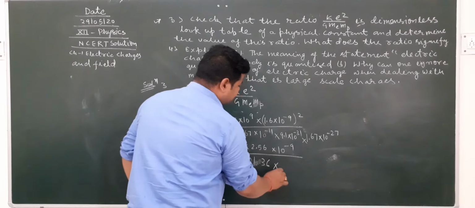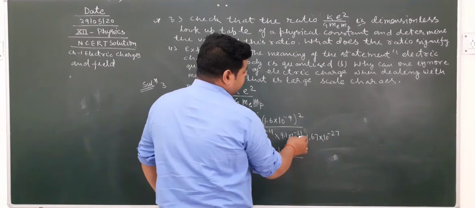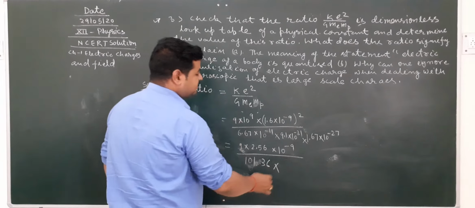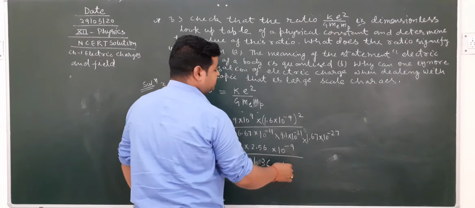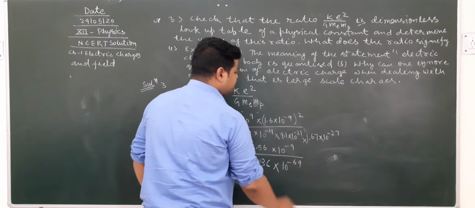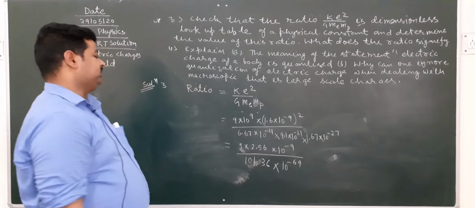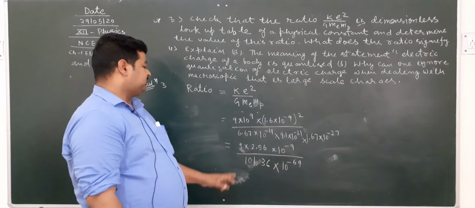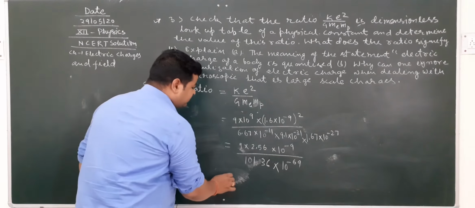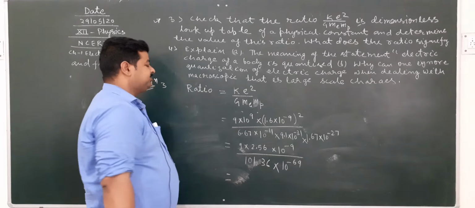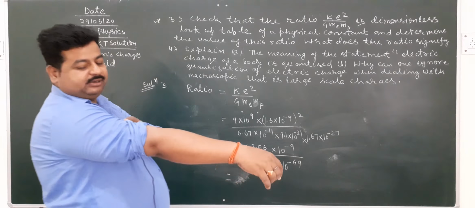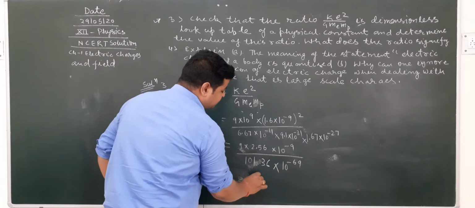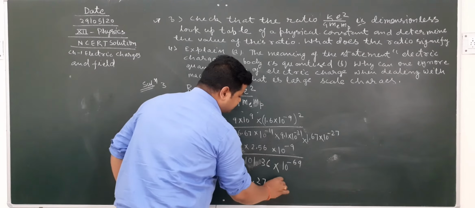Here we solve the power of 10. So power of 10 minus 27 and 31, so the power of 10 becomes 10 raised to power minus 69. After multiplication, we have solved these terms and we get the answer 2.27 into 10 to power 69.